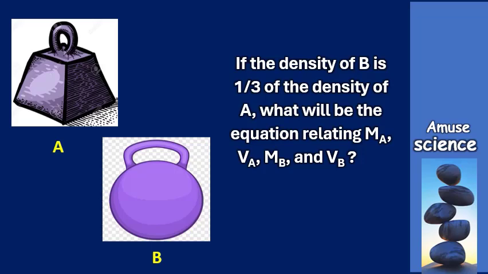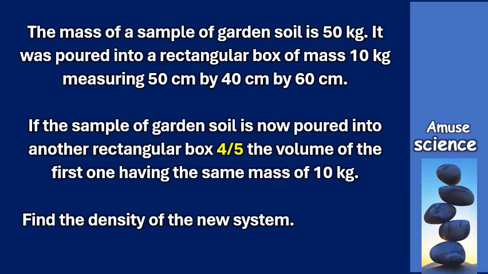The mass of a sample of garden soil is 50 kilograms. It was poured into a rectangular box of mass 10 kilograms, measuring 50 centimeters by 40 centimeters by 60 centimeters.